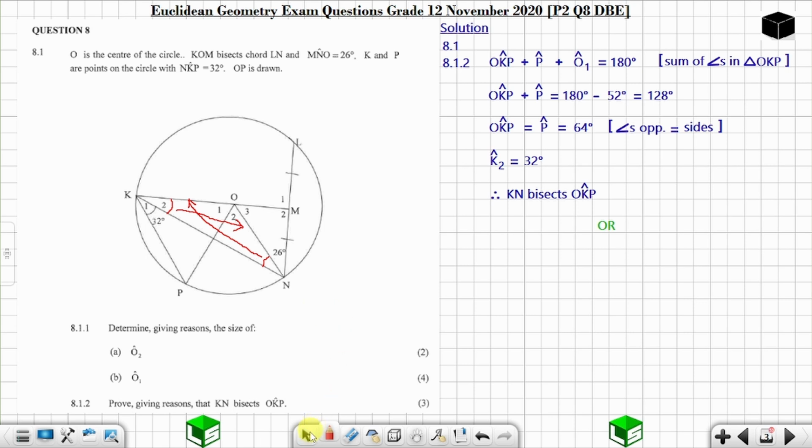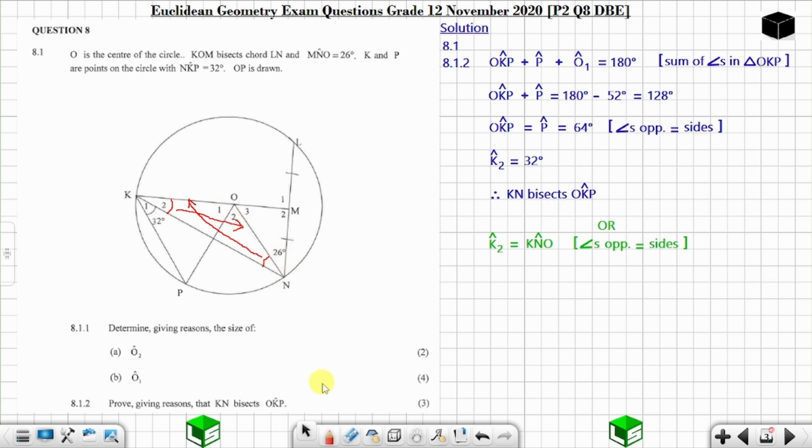So you understand angle K2 is equal to the angle KNO, because these are angles opposite equal sides. So we can find the sum of the two angles, and then divide by 2 so that we can find each angle, because the two angles are equal to each other.